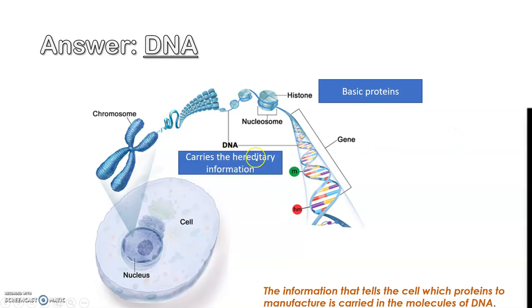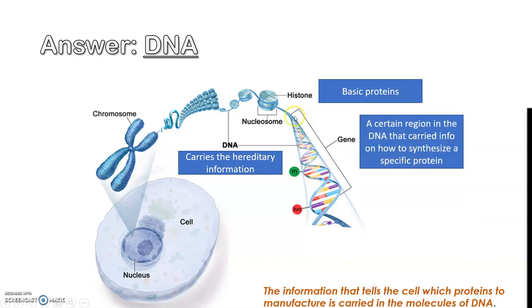And your DNA actually carries the hereditary information, and a gene is a certain region in the DNA that carries the information to synthesize a specific protein. So a gene is just a specific region in a long chain of DNA.